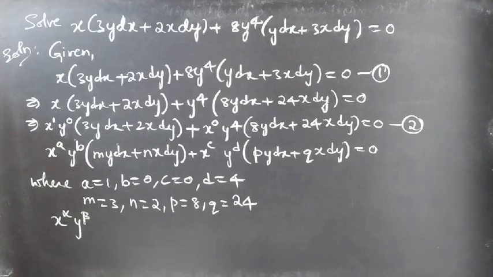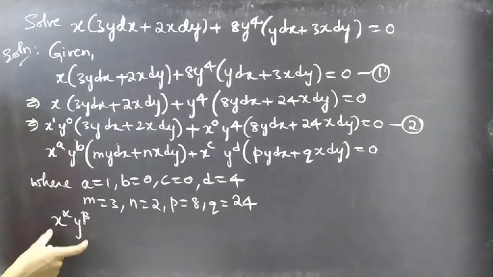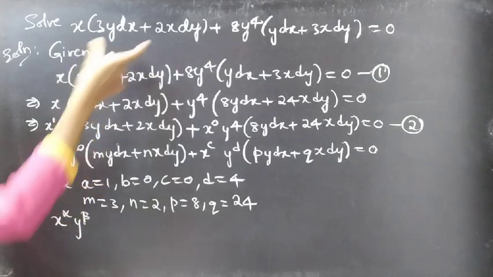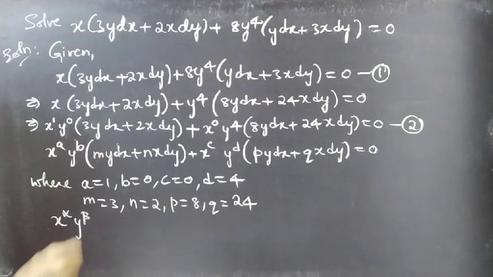After finding alpha and beta, we'll substitute them in this integrating factor, and later we'll multiply this integrating factor to the given differential equation in order to make it an exact equation. And later we'll find the general solution using the general solution formula of an exact equation. Okay, let's see that.